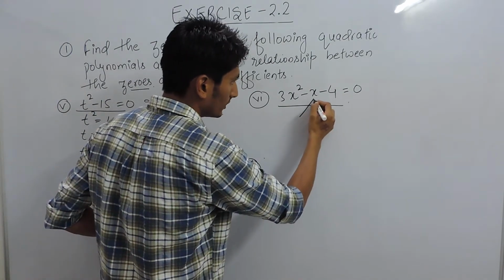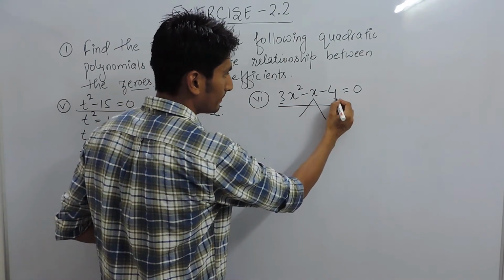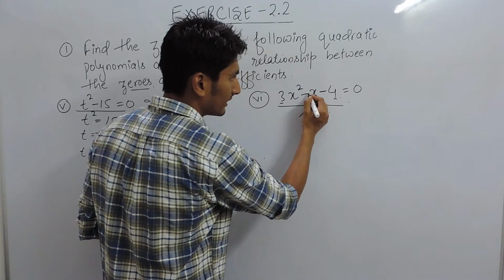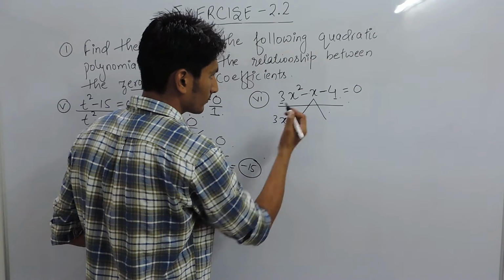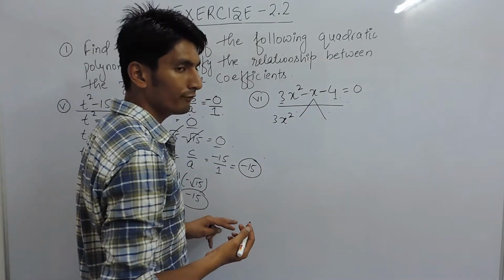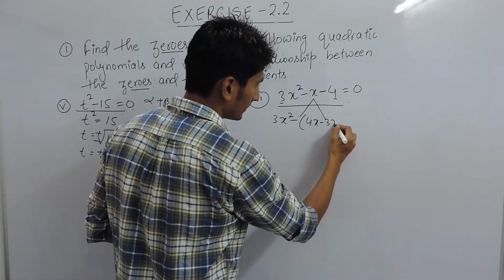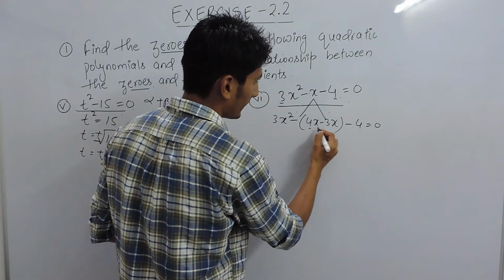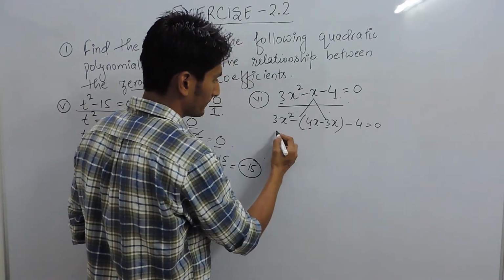Again you have to split x into two parts such that multiplying them will give 12 and subtracting them will give 1. So obviously these two numbers are 4 and 3. So 4x minus 3x: multiplying these two numbers will give 12 and subtracting these two will give 1.